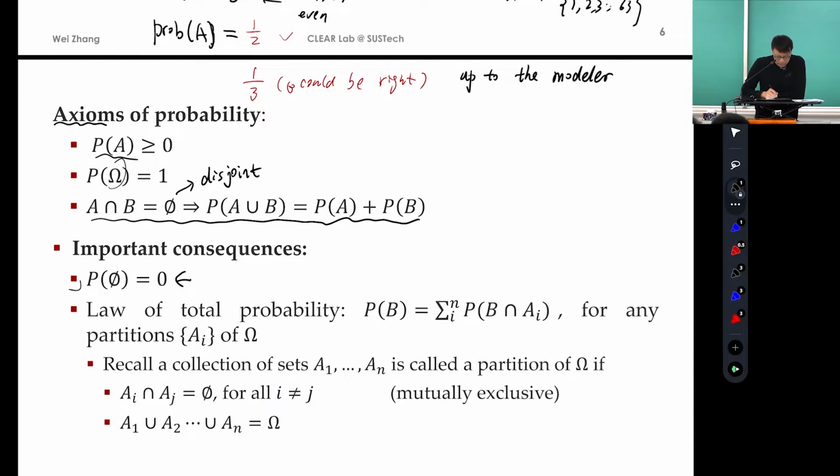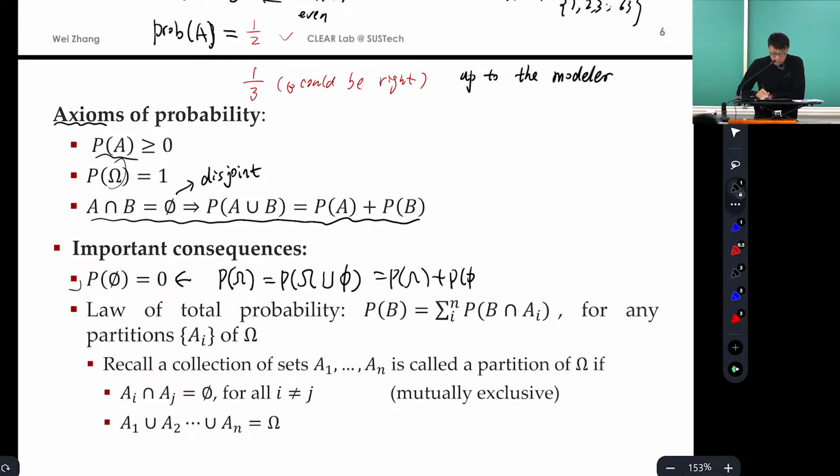The reason is that the probability of the entire sampling space equals the probability of the entire sampling space union the empty set, of course, and these two are disjoint. So by the third axiom, this is equal to the sum.